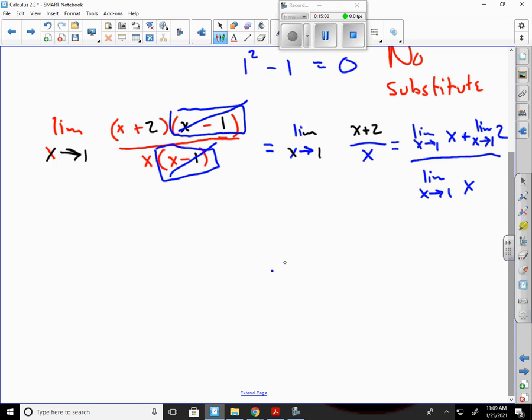Now I'm just going to plug that in. So the limit as x approaches 1 of x is just 1. The limit as x approaches 1 of 2 just remains 2. And the limit as x approaches 1 of x is also 1. This gives me 1 plus 2, exactly 3 over 1, which is just 3.